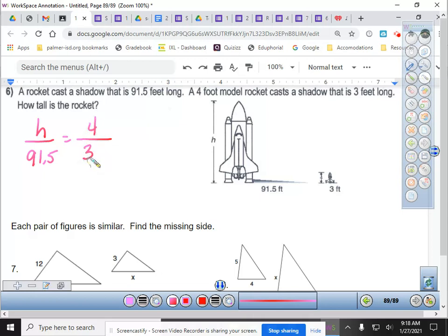Perfect. And we solve this by cross multiplying and we get 3h equals, I'll do the math for you, 366. Now what? Perfect. I got H equals 122.